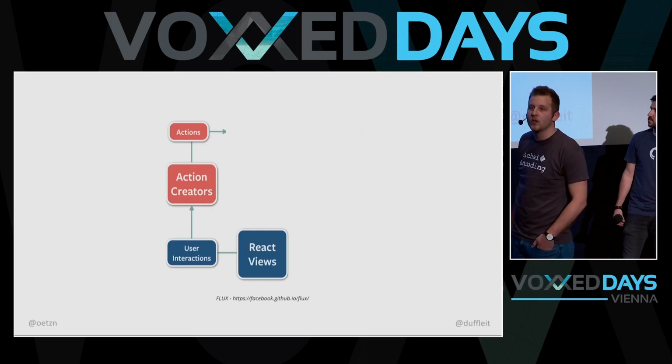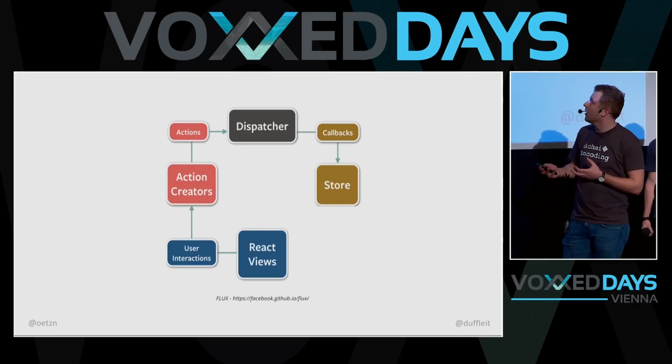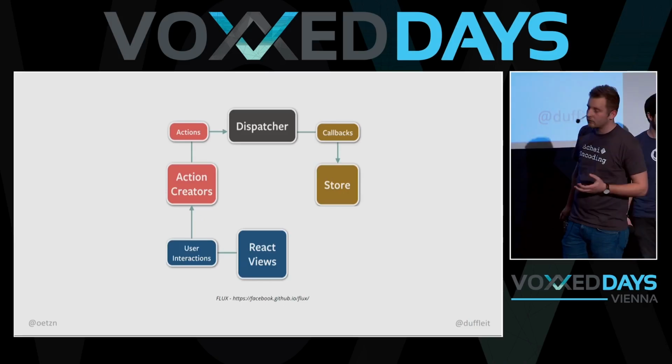And then there's the dispatcher, which hands over this action to the store. And the store holds the state of the application. Whenever a new action comes to the store, it decides how to change its state. So probably in this case, it would set a Boolean to finished order or whatever.